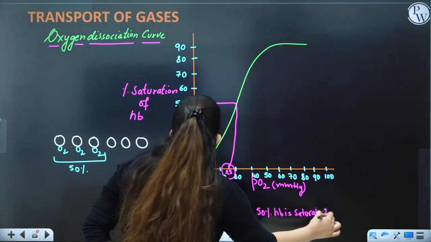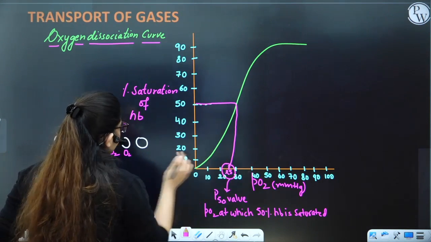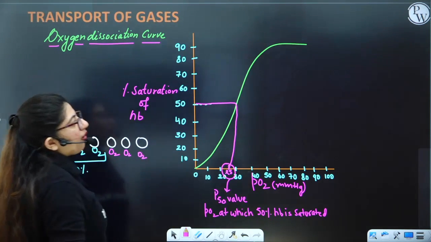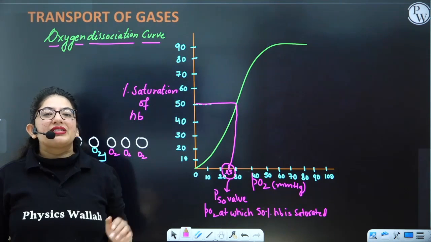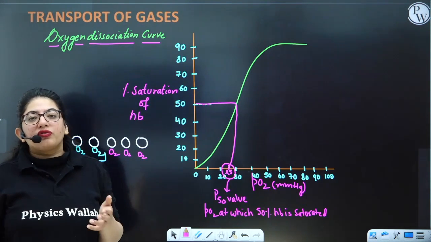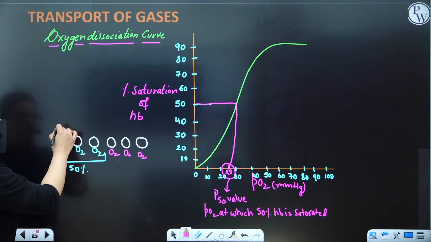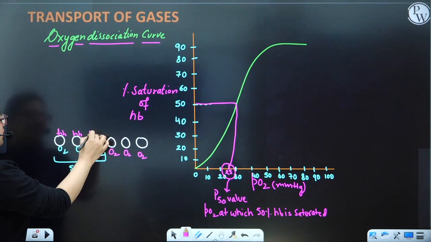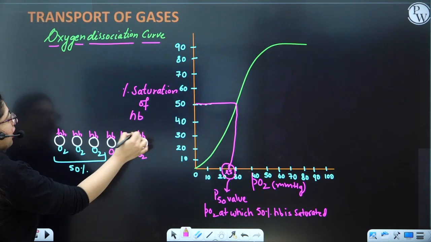Now, I increase the partial pressure of oxygen more. Now there will be a point where more than 90% of hemoglobin is saturated, or complete saturation of hemoglobin takes place. Here the entire hemoglobin is saturated.